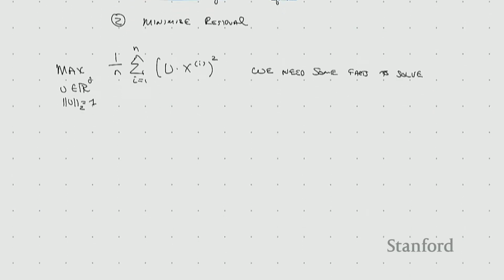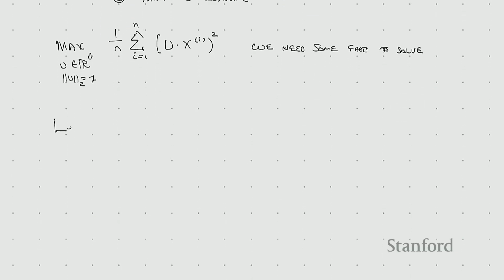Okay. So first fact we need to recall is let A be a symmetric and square matrix. Which kind of makes sense. Okay? Then, it's a normal matrix. And in particular, it can be written like this.